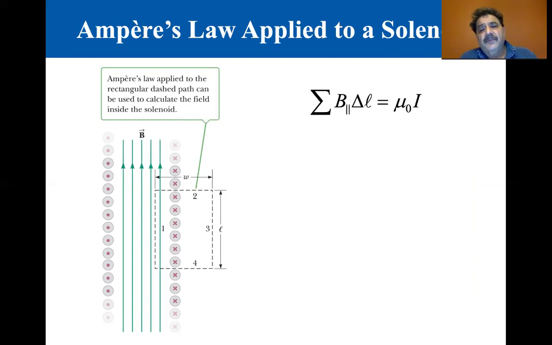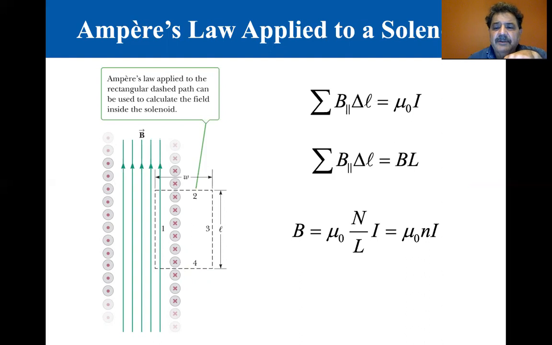So it's the sum of B parallel to the solenoid times delta L equals mu 0 times I. And so that's equal to B times the length, BL.